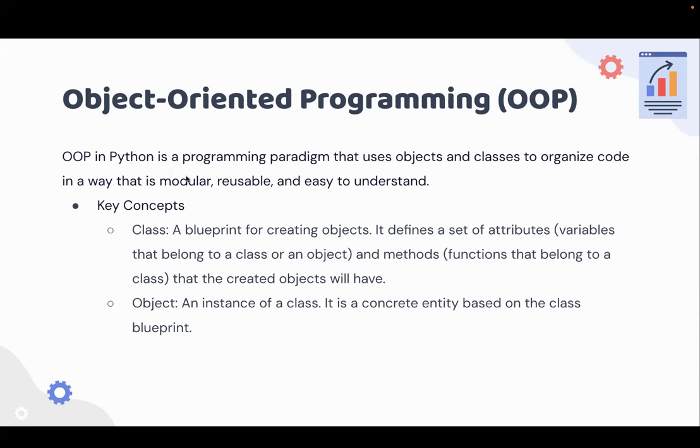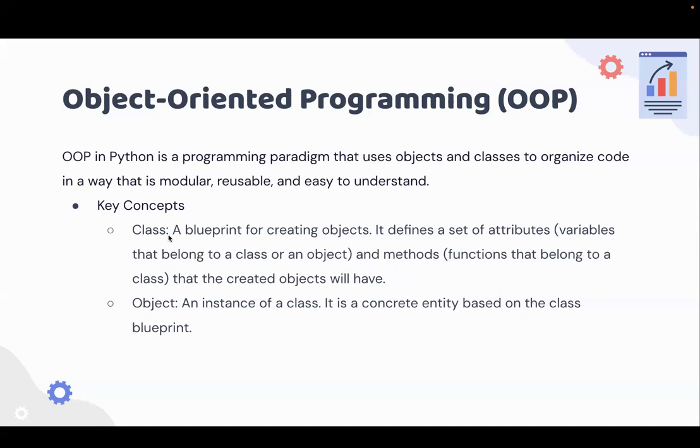So OOP in Python is a programming paradigm that uses objects and classes to organize code. So it makes the code more modular, reusable, and easy to understand. Some key concepts of OOP are classes and objects.